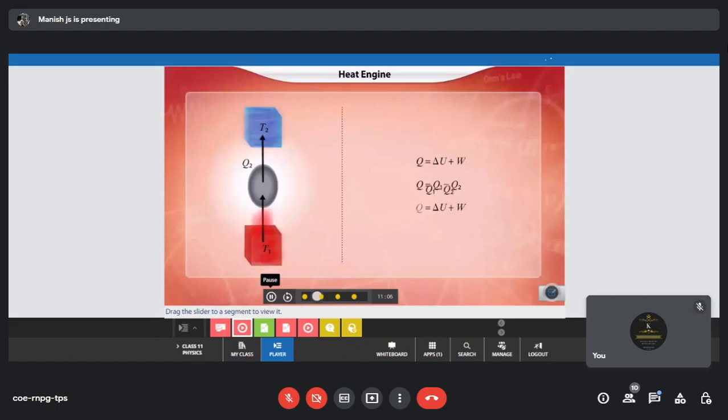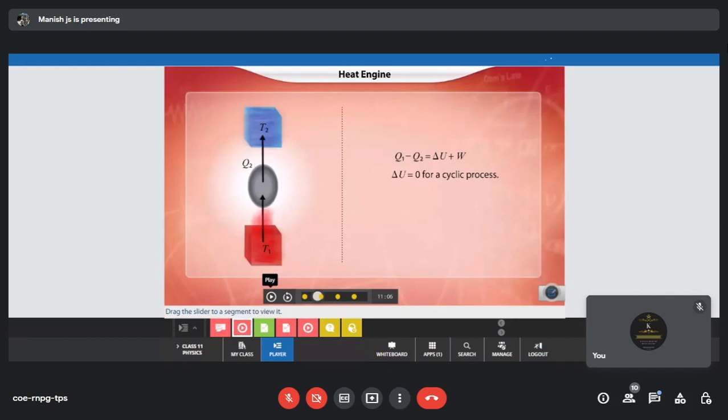Substituting this value of Q in the equation that represents the first law of thermodynamics, we get, also, the change in internal energy is zero for a cyclic process. In a cyclic process the change in energy is zero because it comes back to its initial state. It is going to be zero.